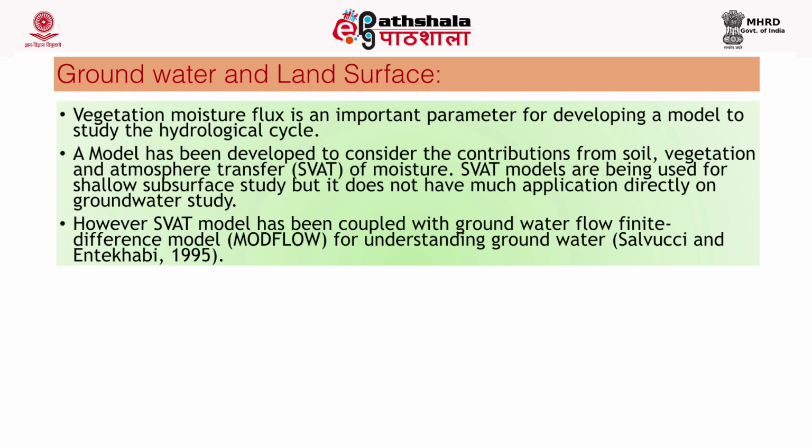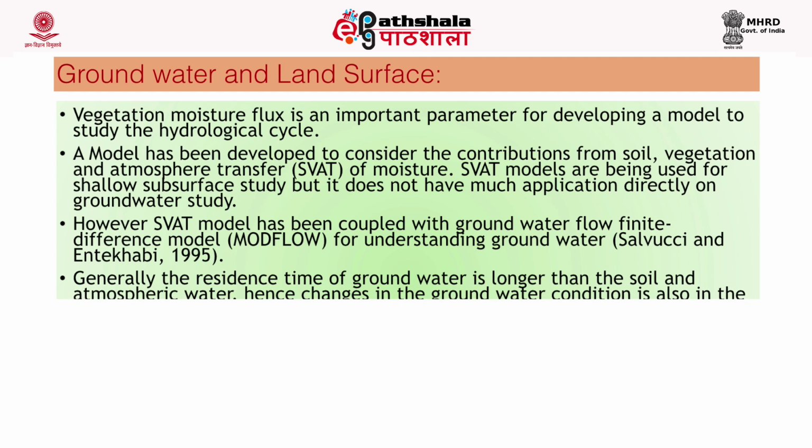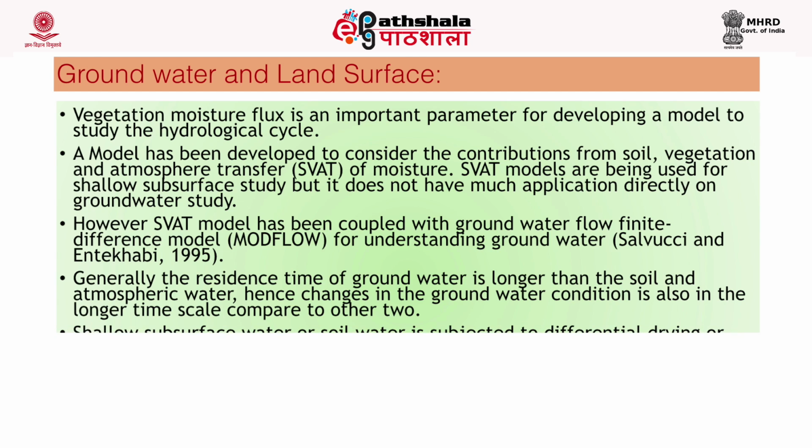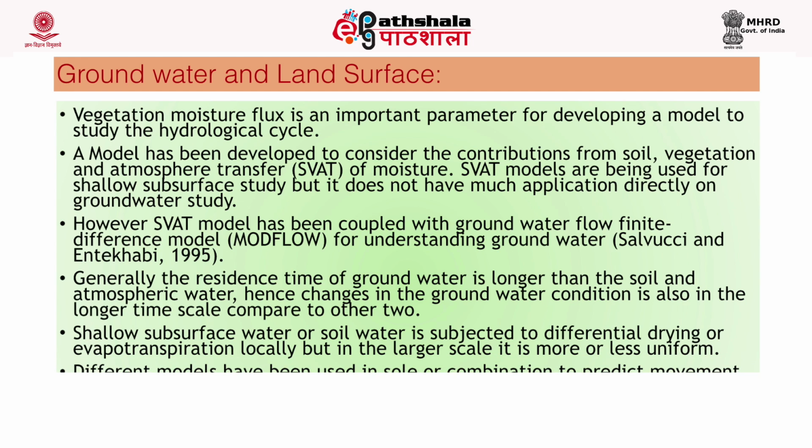That model is called SVAT. S stands for soil, V stands for vegetation, AT stands for atmosphere transfer. SVAT models are being used for shallow surface study, but they don't have much application directly on groundwater study. However, the SVAT model has been coupled with the groundwater flow finite difference model MODFLOW for understanding groundwater.